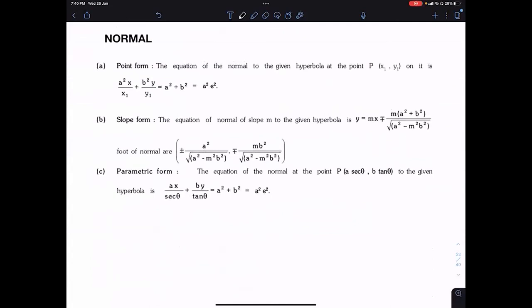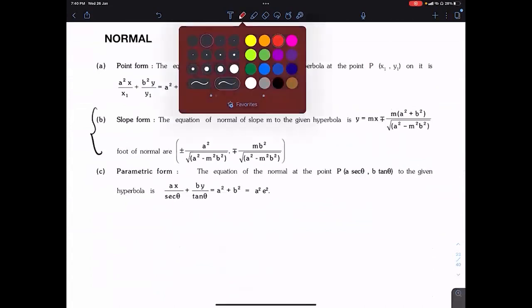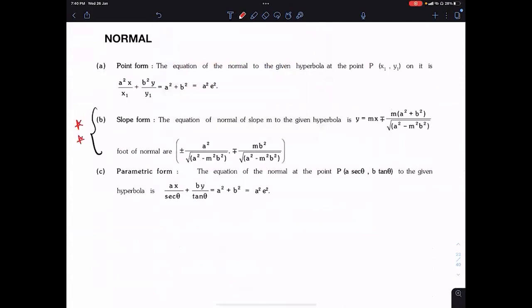Next, normal of the hyperbola. Normal of ellipse, we have seen the equation. Now you see, note it down, this one. All three are important.